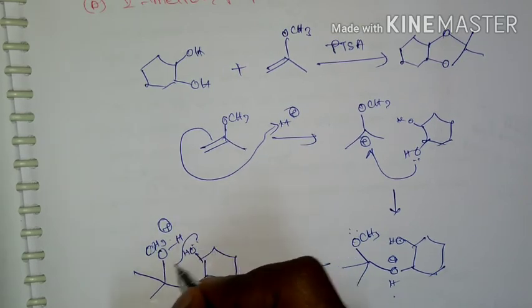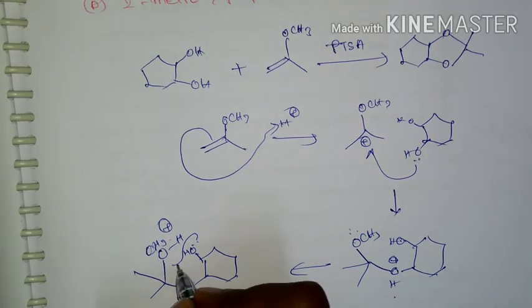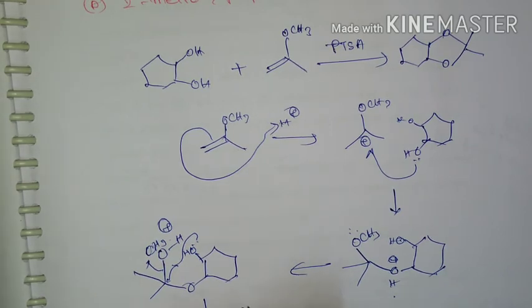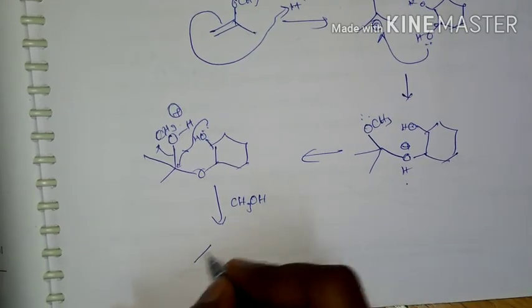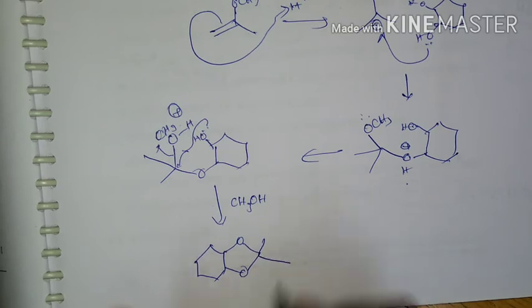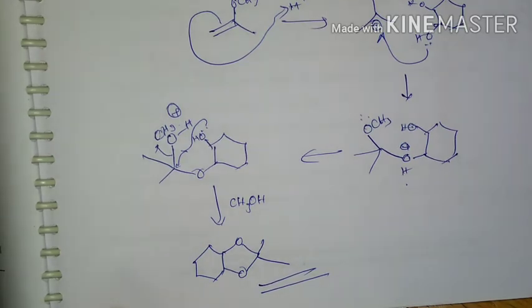Now this lone pair will attack here, and this will be lost, meaning there will be formation of methanol. Finally we are going to get the protected compound. So this is how we can protect 1,2-diol by using 2-methoxypropene and paratoluene sulfonic acid.